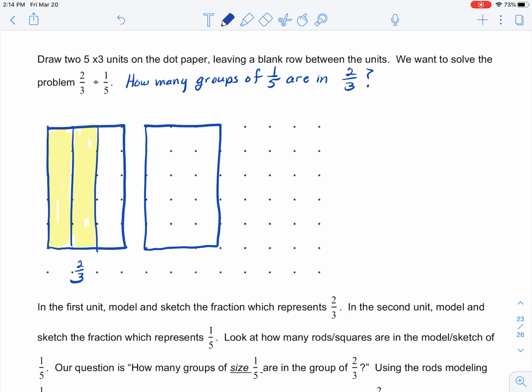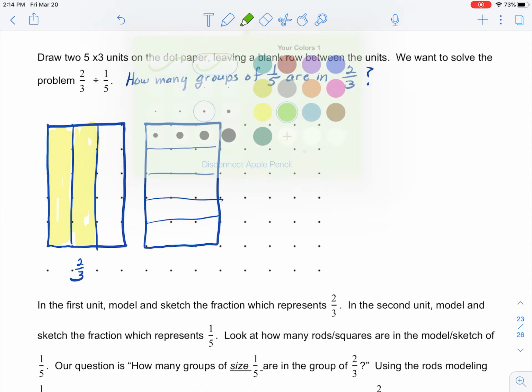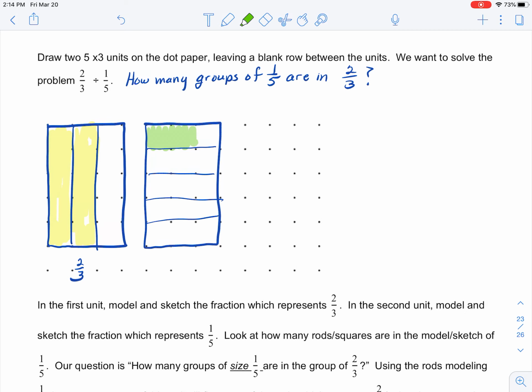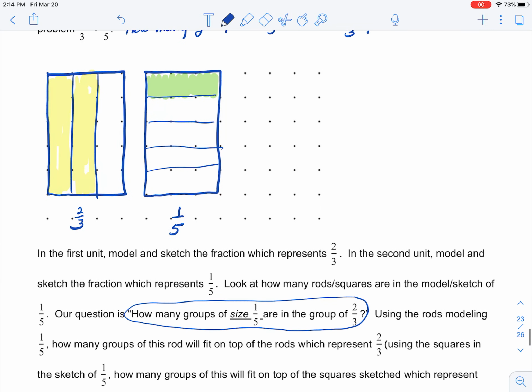This is 2/3, and then I'm going to model 1/5 in the second fraction. This shows me how big my 1/5 is. So I'll just model one of those, 1/5. Now my question is, how many groups of size 1/5 are in the group of the 2/3 that I modeled?